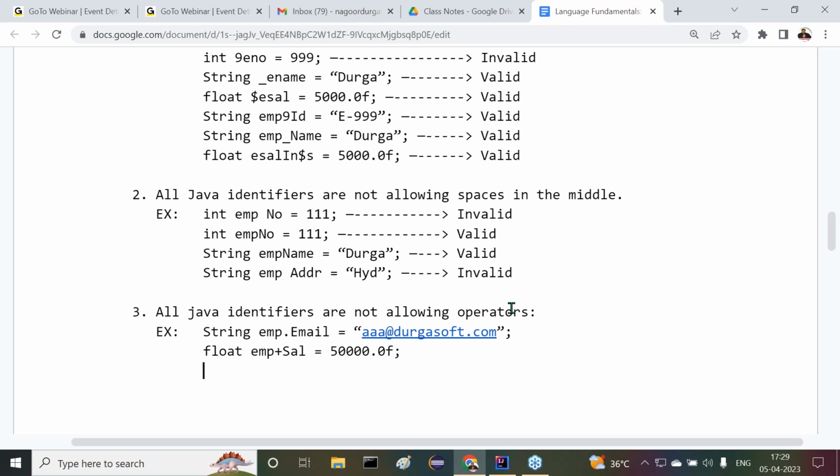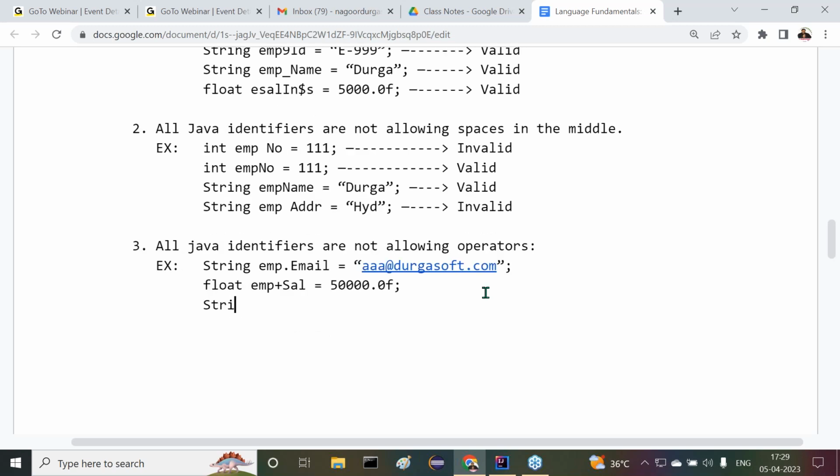Next one, string emp hyphen addr or minus is equal to Hyderabad. String emp star id is equal to e-111.